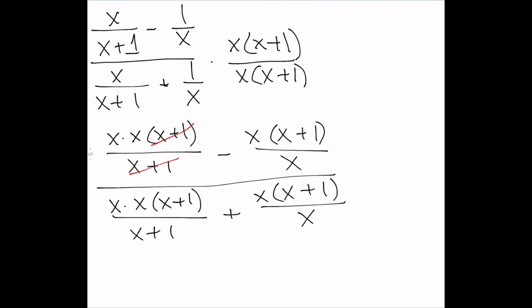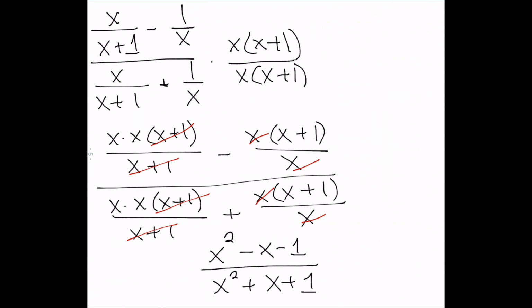This has x plus 1s, this has x's, this has x's, and this has x plus 1s. Now, the top becomes x squared, and I'm going to go ahead and distribute this negative sign to get negative x minus 1. The bottom, the first fraction is x squared, the second one becomes x plus 1. And you'll notice we got the same answer that we got last time.